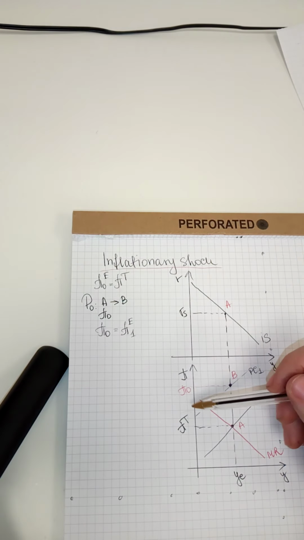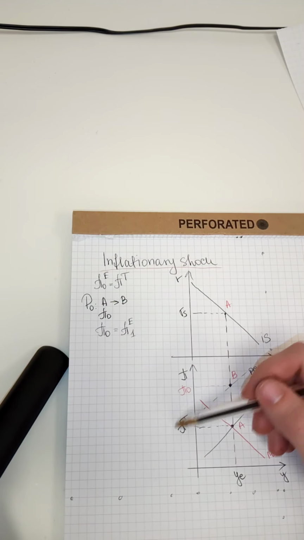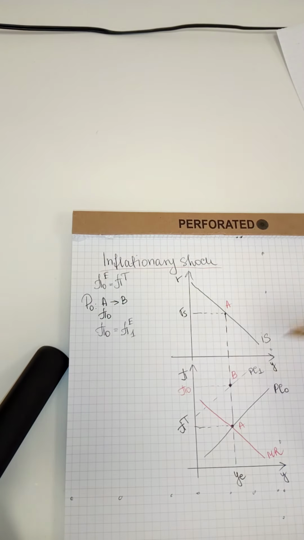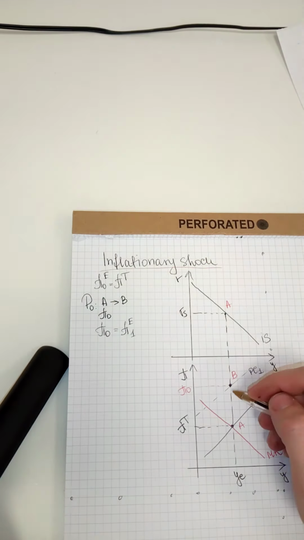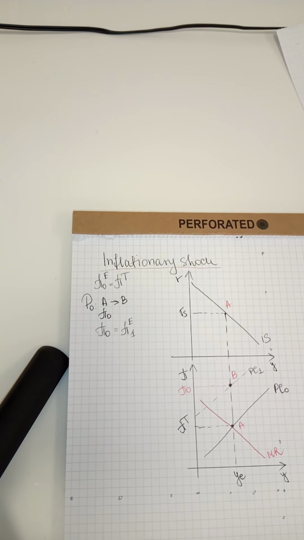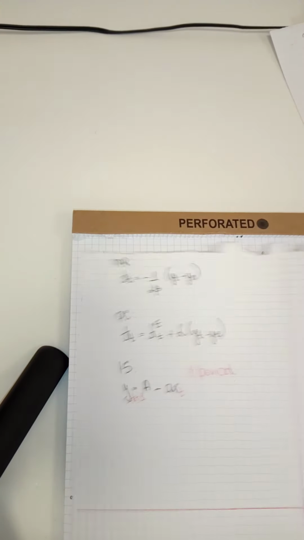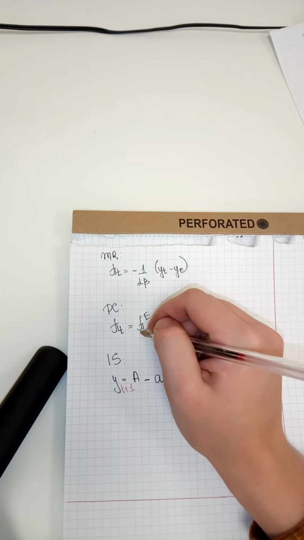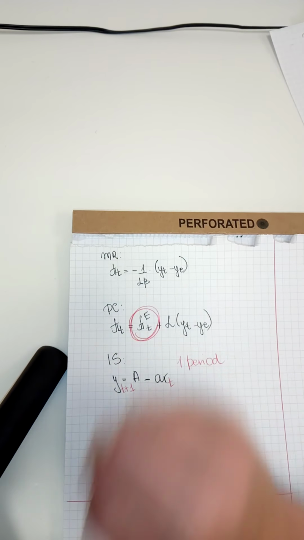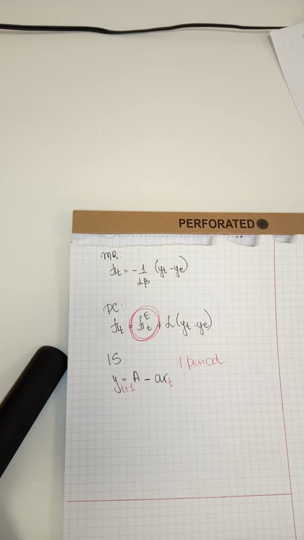And since pi 0 is located above pi tau, like the value of pi 0 is bigger than the value of pi tau, this curve is located above the original Phillips curve. Because, looking at the formula of the Phillips curve, it's easy to prove that the value of the expected rate of inflation affects the value of the intercept.